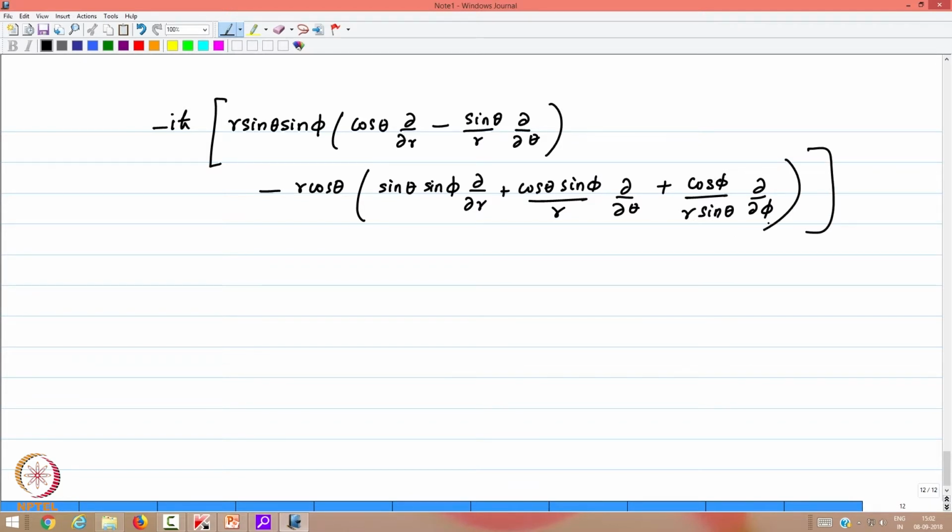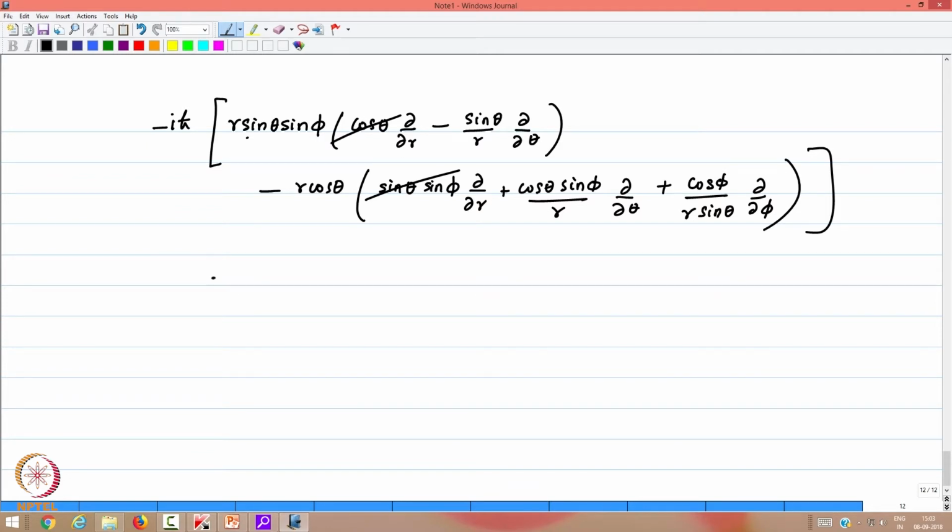You can simplify it and cancel the terms. For example, this gets cancelled, and then there is also a sin square theta term with sin phi, and this is sin phi cos square theta, both with the minus sign. Therefore, they add up to give you 1.